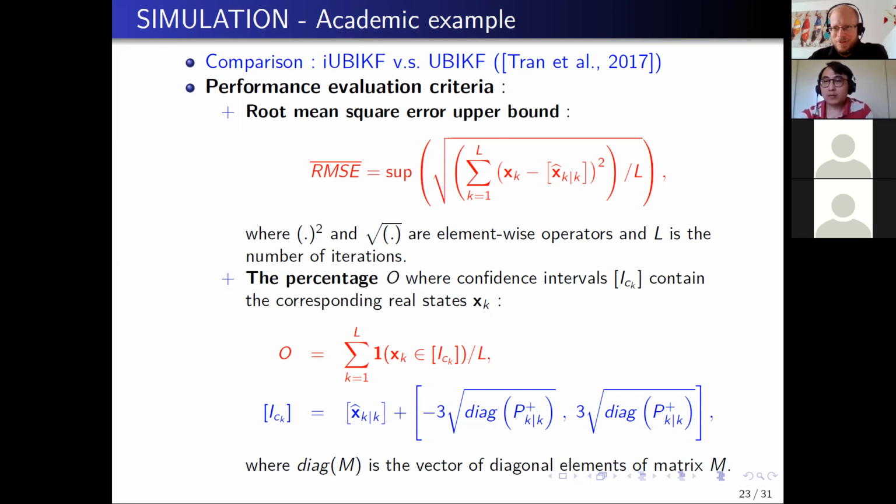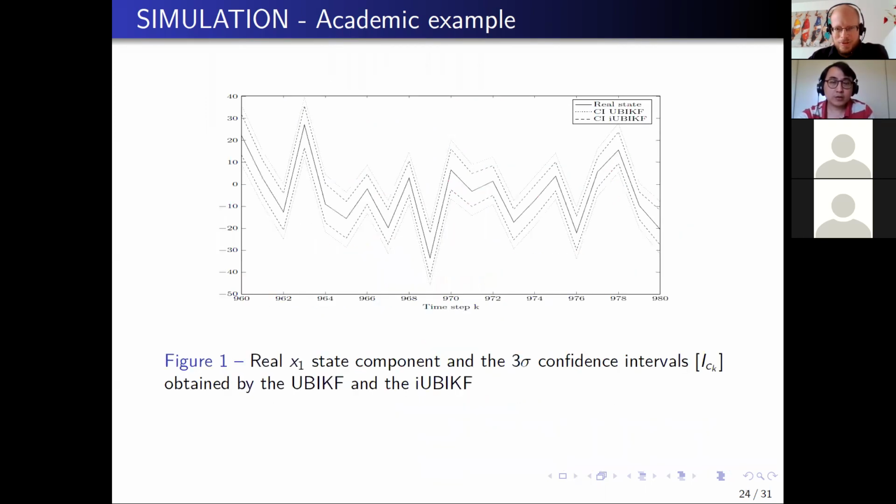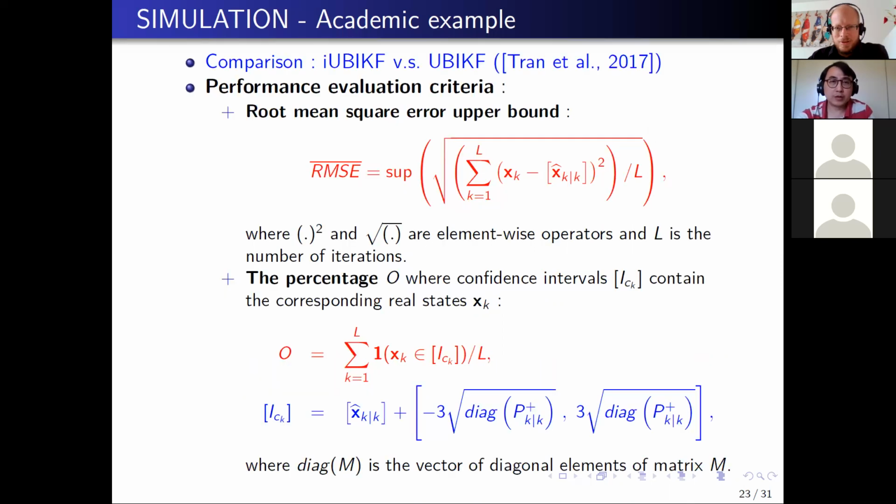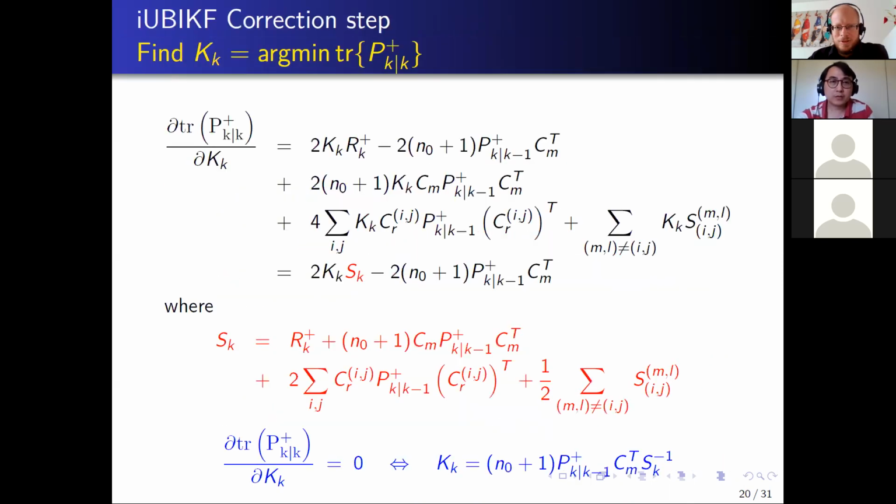How do you solve your gain matrix K at each step? This form of expression is an analytical expression you can find at each step.